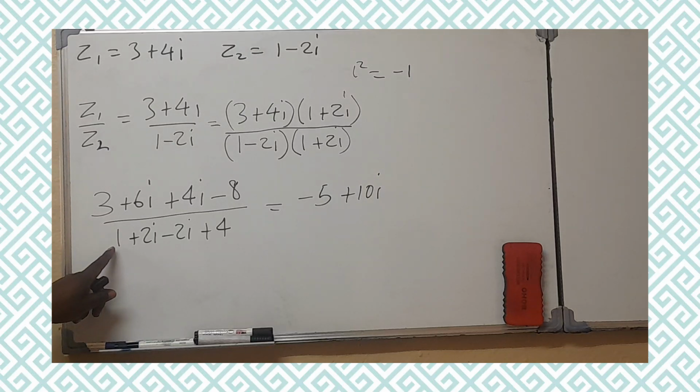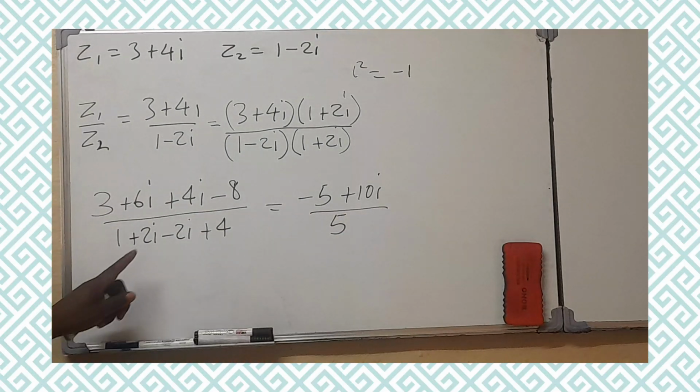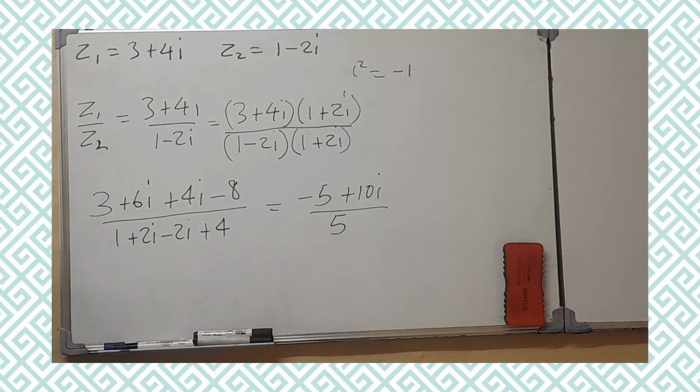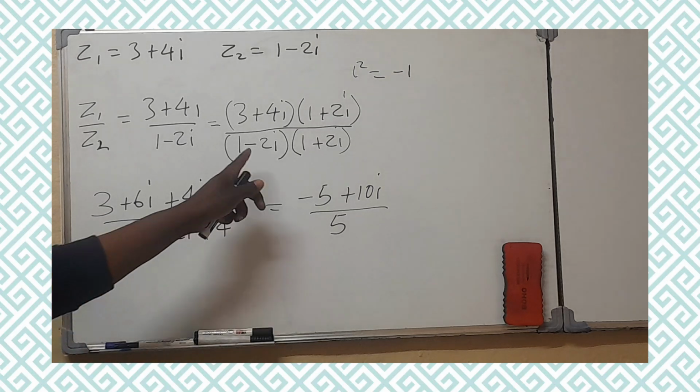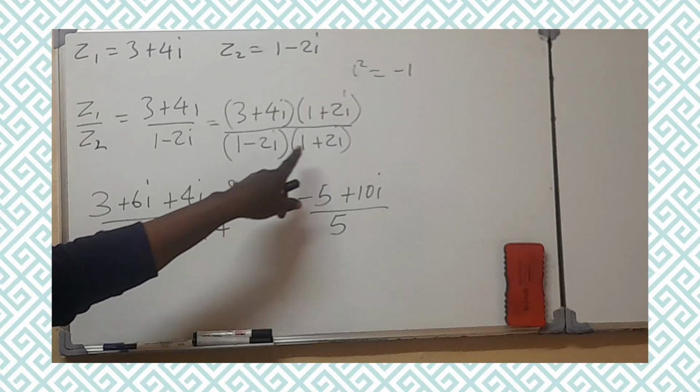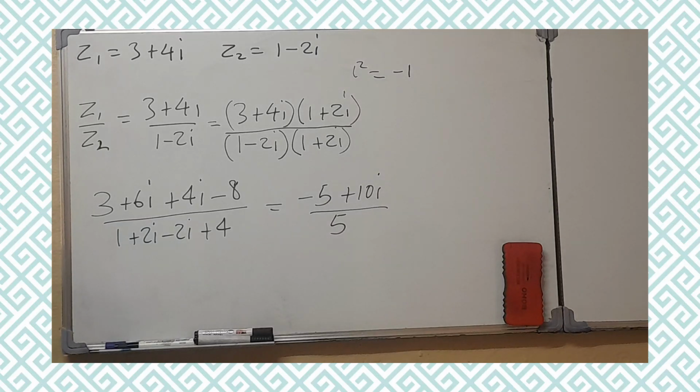Down here, 1 plus 4 is equal to 5. 2i minus 2i is nothing. So you see, the denominator has come to be real. That's what happens every time you multiply a complex number by its complex conjugate. The result is a real number. So that is division of Z1 by Z2.